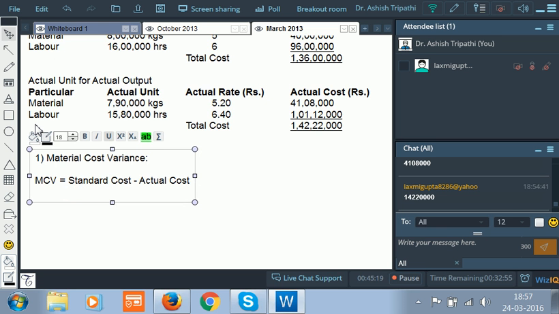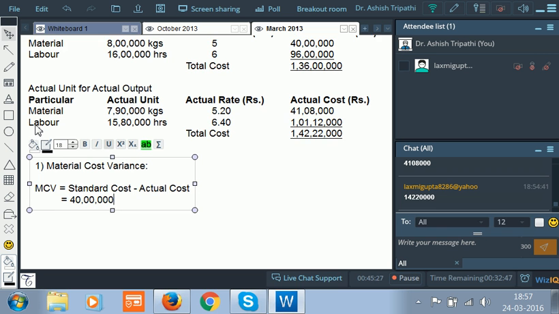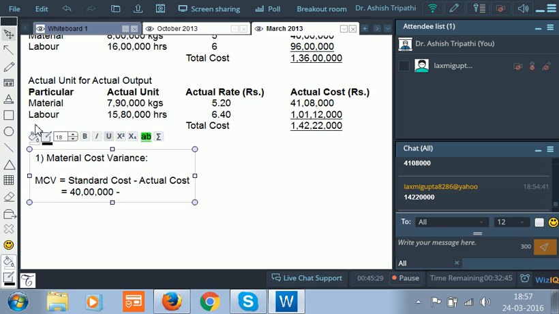Standard cost of material is 40 lakhs. Minus actual cost 41 lakh 8,000.